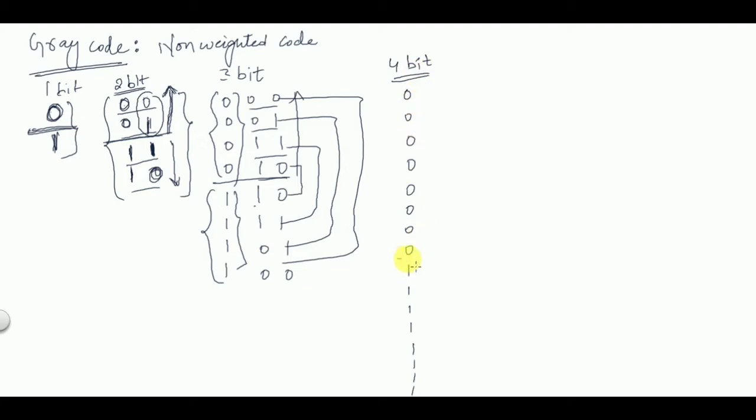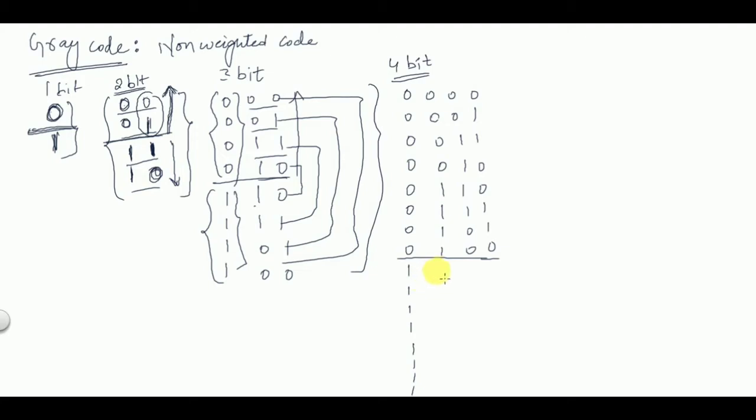For the top, the remaining bits will be these 8 combinations in order: 0 0 0, 0 0 1, 0 1 1, 0 1 0, 1 1 0, 1 1 1, 1 0 1 and 1 0 0.